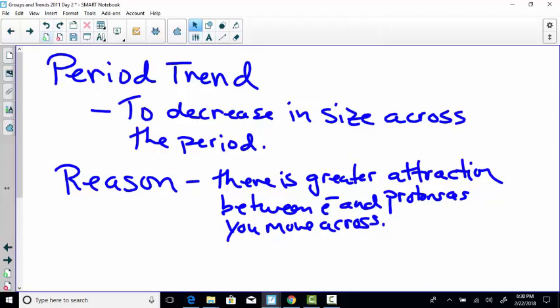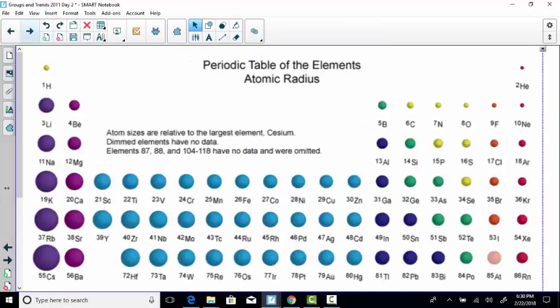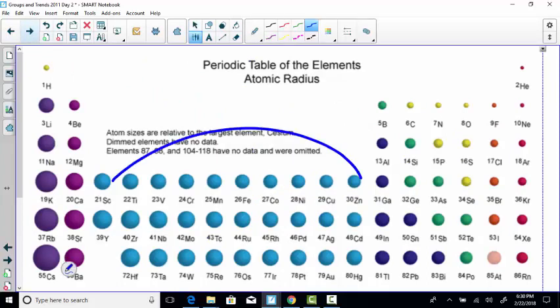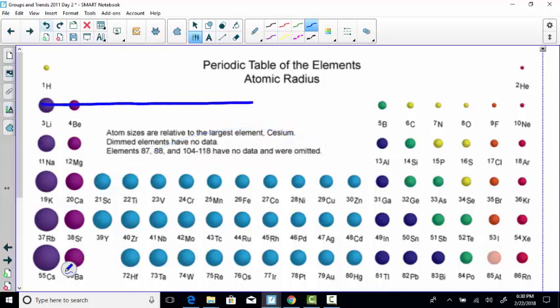Okay? So, I'm going to show you one more picture, a full periodic table. So in this particular periodic table, we have included the D block elements as well. And you can see that definitely here, trend, we are getting smaller.